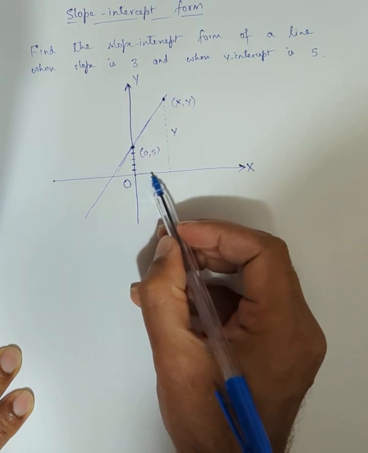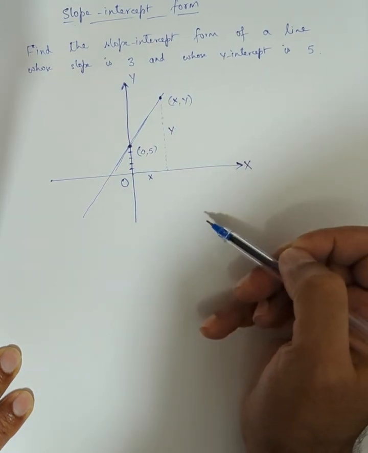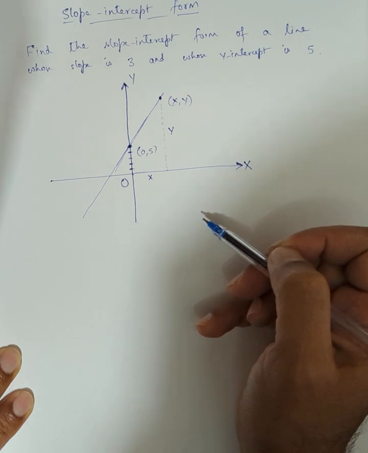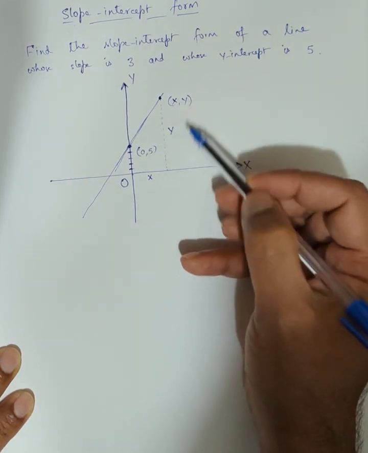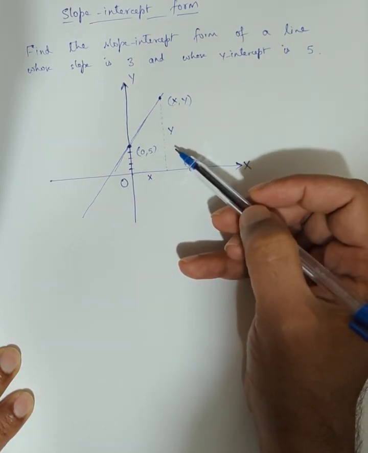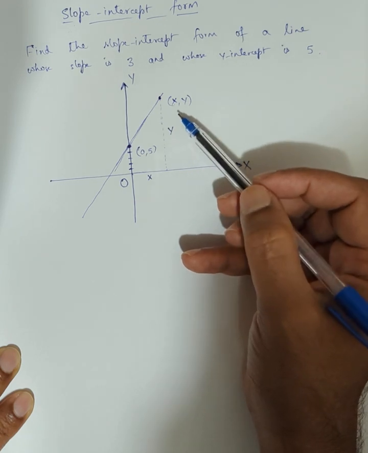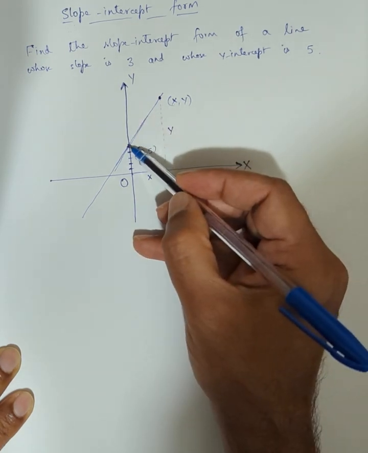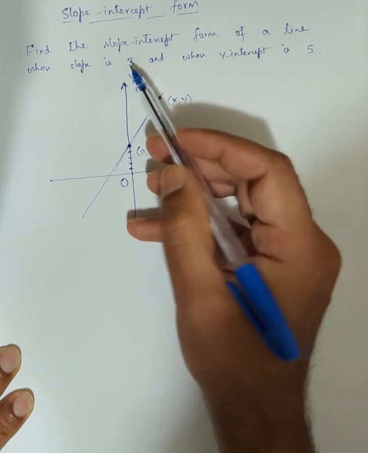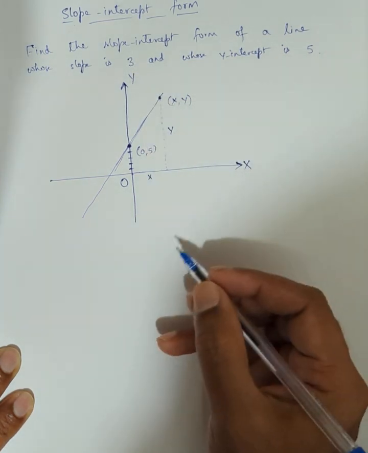So this is x and this is y. And I want to know how the x and y are related to each other. I only know one point, 0, 5, but I know that the slope is 3.